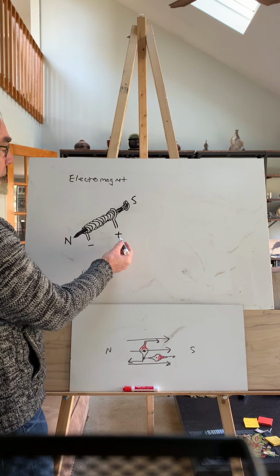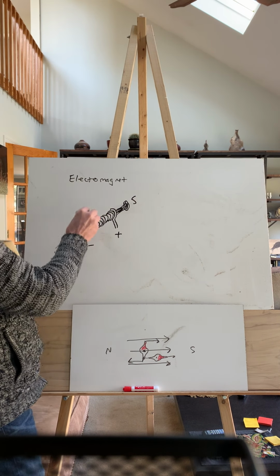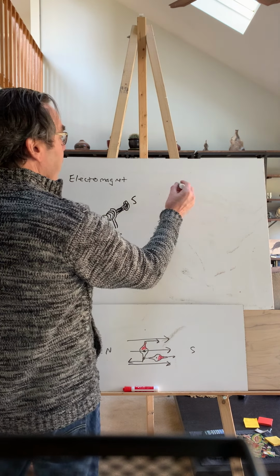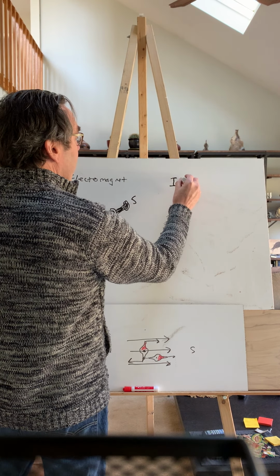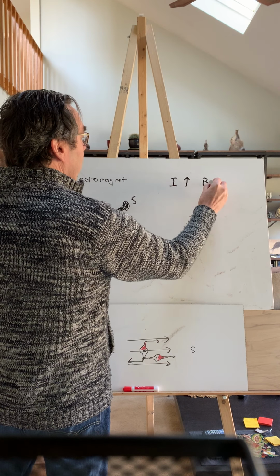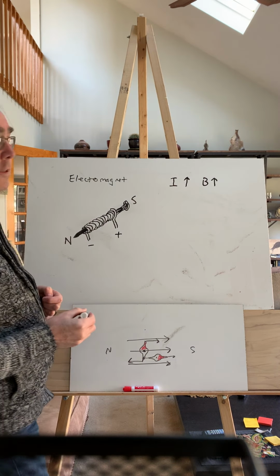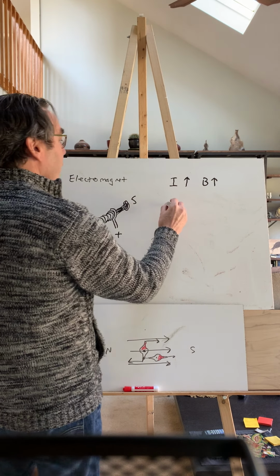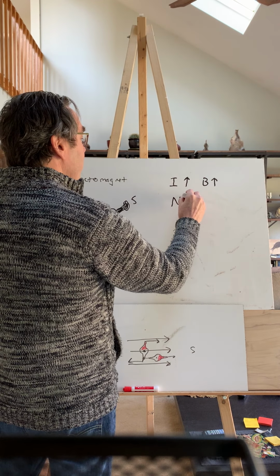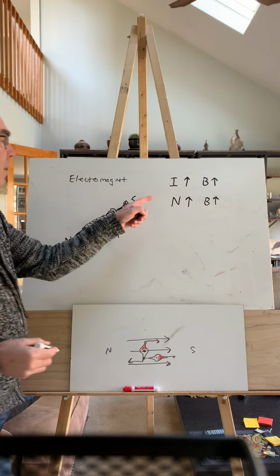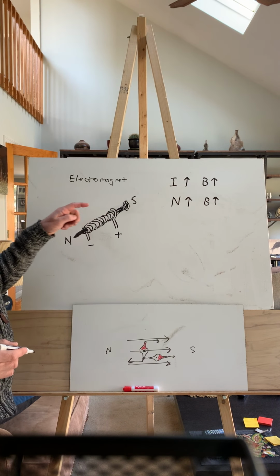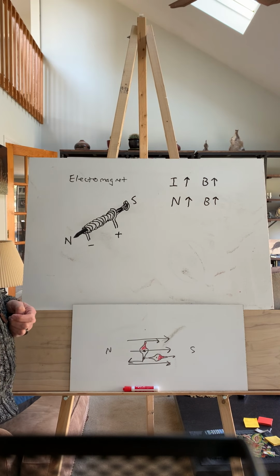What would you suppose would happen if we increase the amount of current going through here? Intuitively, you're going to say if we increase the current, we're going to increase the field, and you would be correct. The other thing we can do is increase the number of turns, which can also increase the field. That's a little ambiguous though, because the more turns we have, the longer the wire is and the more resistance there is, which drops the current.